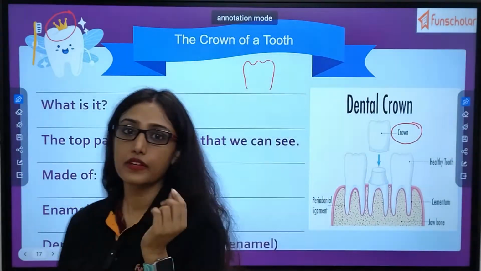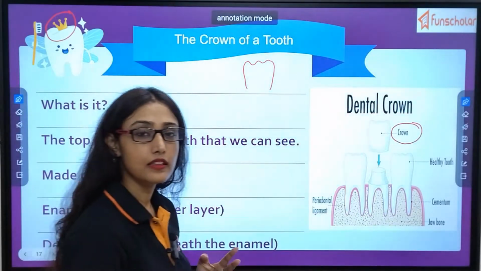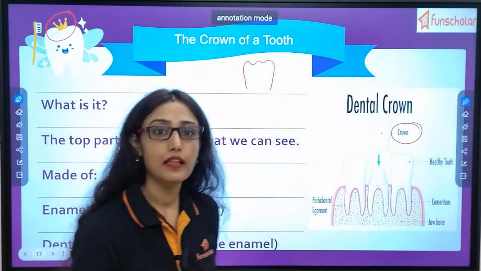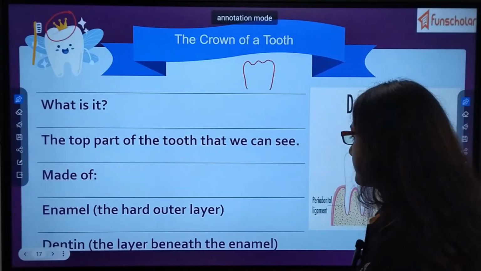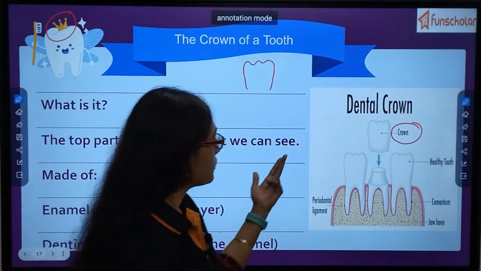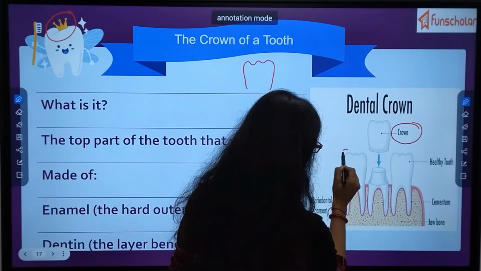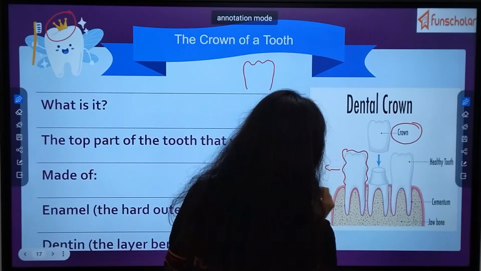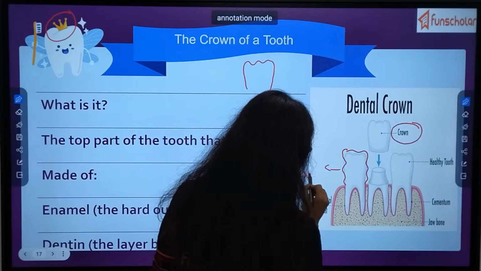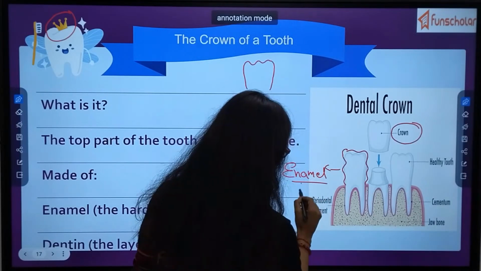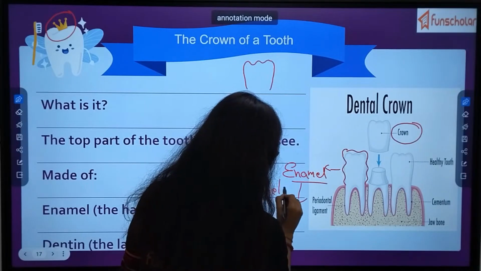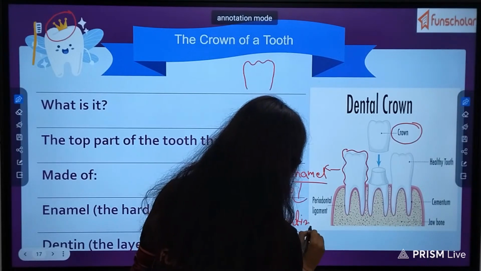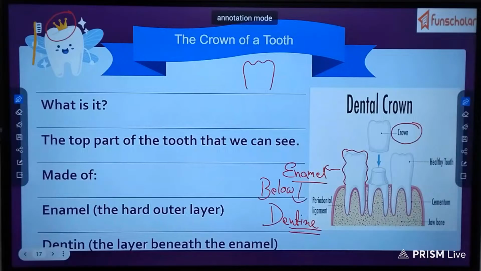The outer covering of the teeth that protects them from any wear and tear is known as enamel, and beneath the enamel lies the dentine. Now let's read.